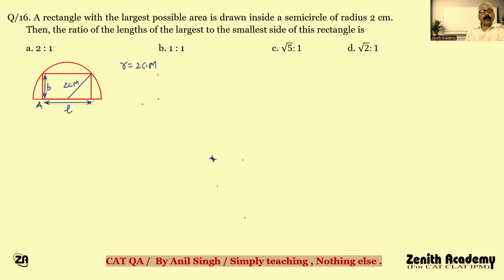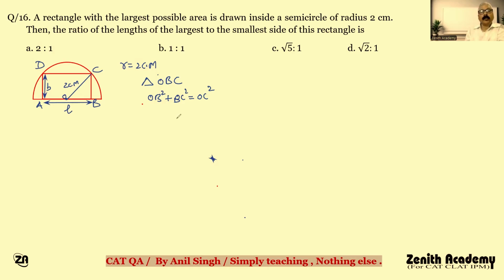So if I take A, B, C, D, and suppose the center is O, then in triangle OBC, OB square plus BC square is equal to OC square.